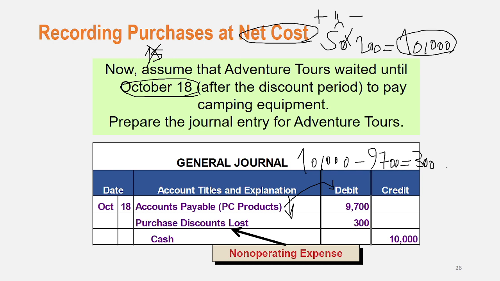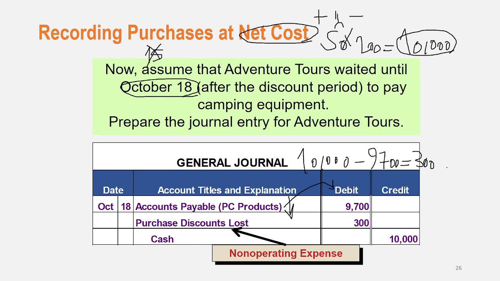So we consider this $300 as a type of non-operating expense under the account name of purchase discount loss. This entry records the loss of discount as an expense, reflecting the additional cost incurred by missing the discount period.